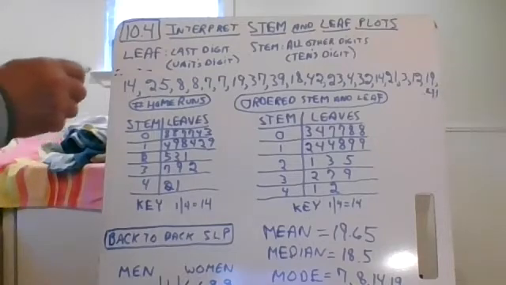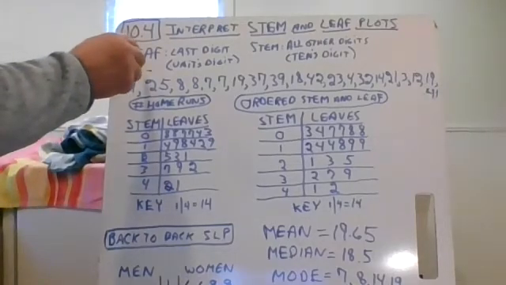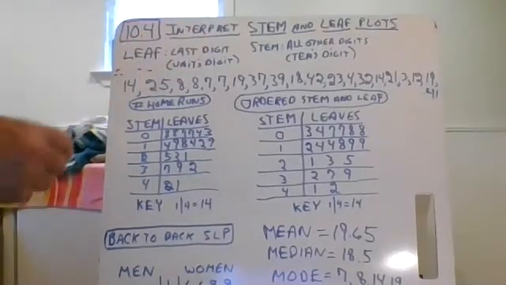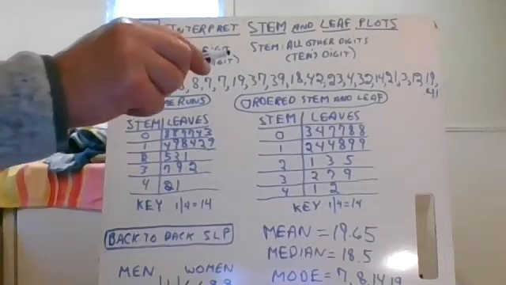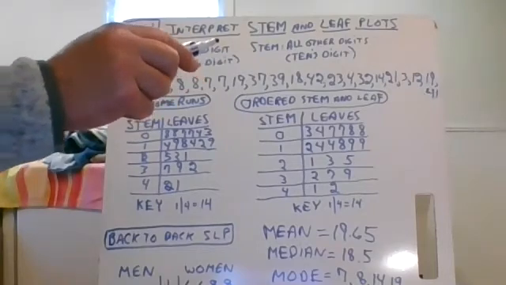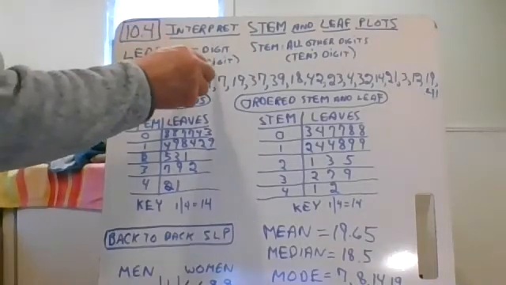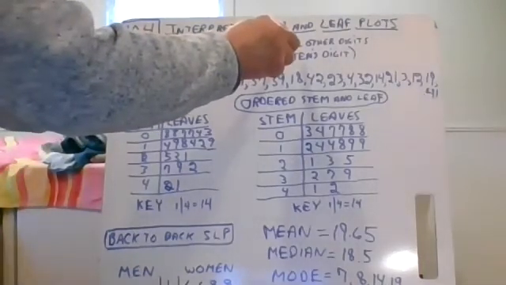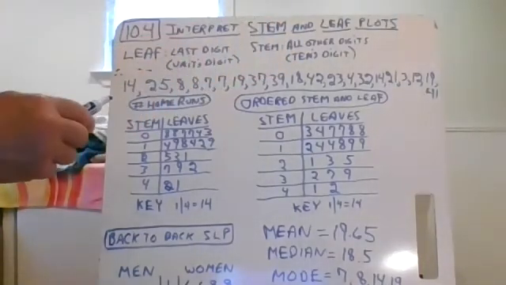Okay? A stem and leaf plot, the leaf is the last digit of the numbers. So if you had 2-digit numbers, the leaf would be the units digit. The stem would be all the other digits in that number.